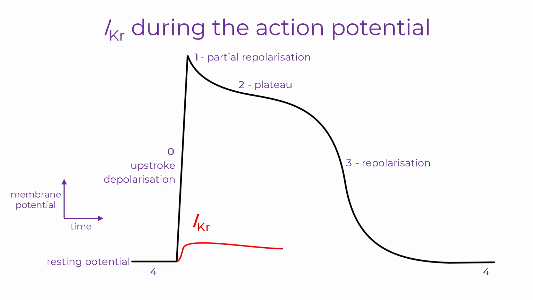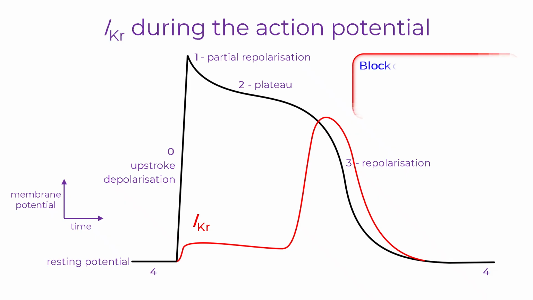As the membrane potential begins to fall during phase 3, this inactivation is relieved. IKr then increases sharply and contributes strongly to early repolarization. This makes IKr a major determinant of the timing and slope of phase 3 at normal heart rates.